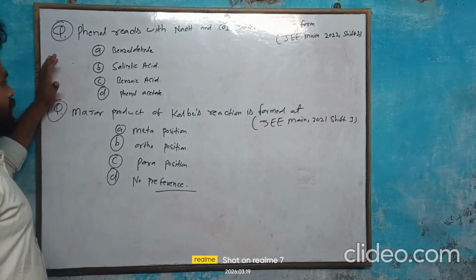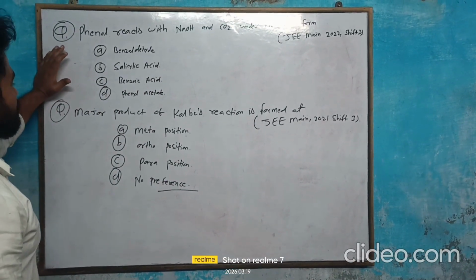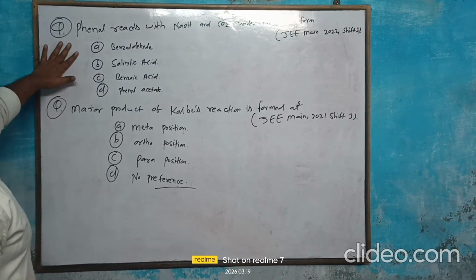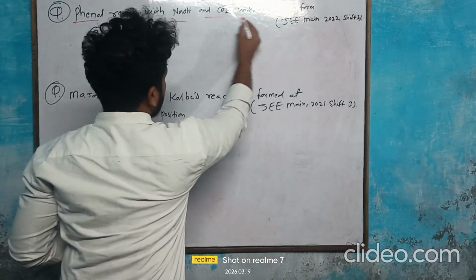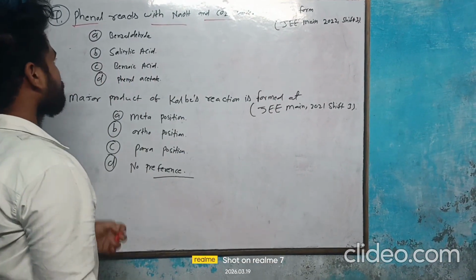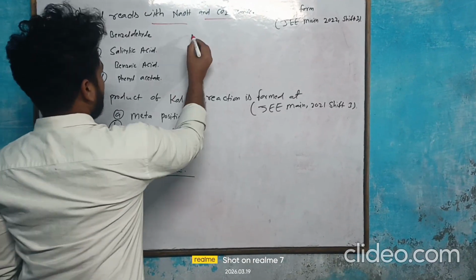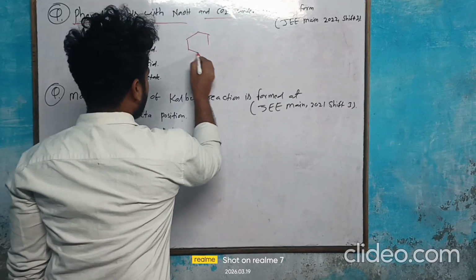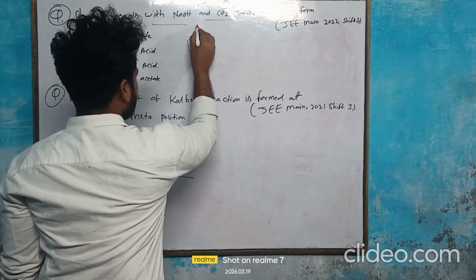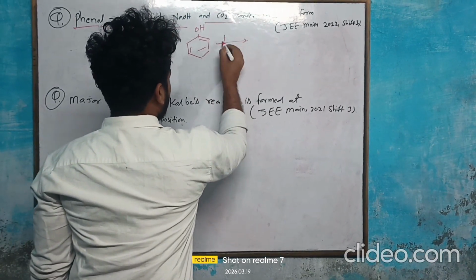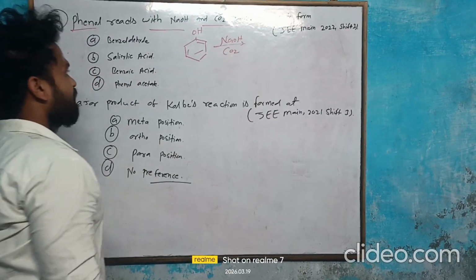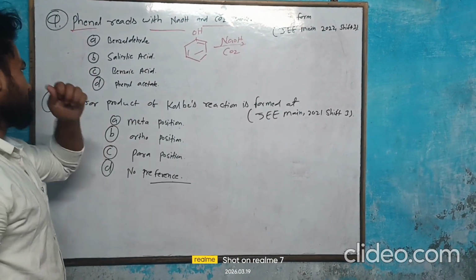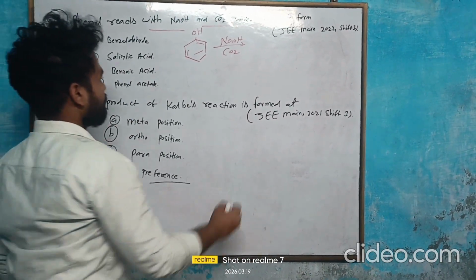These two questions are related to Kolbe's reaction. The first question is, phenol reacts with NaOH and CO2 under pressure to form. This is phenol, which reacts with NaOH and CO2. If we remember the mechanism, it is very easy to find the product. What will be the product?